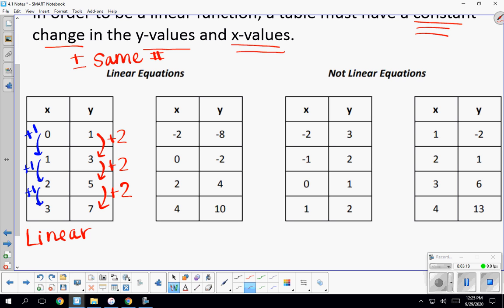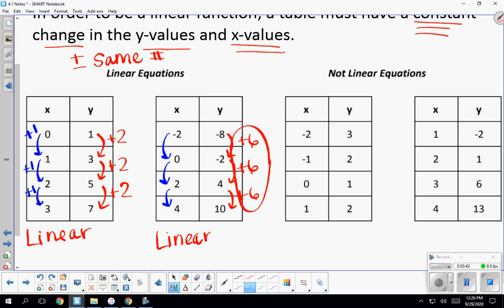Okay, another example is here to the right. We're adding 2 each time. That means I can determine what kind of function this is. So if we come up here, we're actually going to add 6 over and over again. Because this is a constant change, we say this is linear.